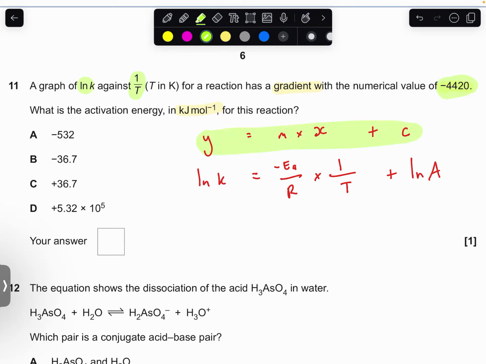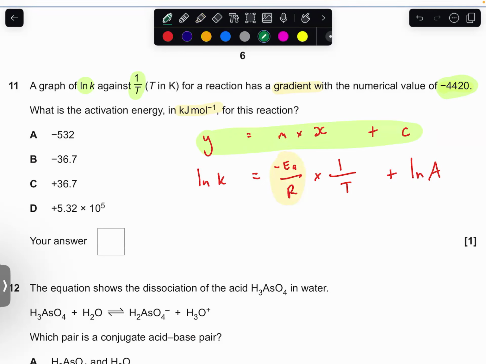And you've got the natural log taken of the Arrhenius equation in the y equals mx plus c format, like so. So the gradient is actually minus EA over R, EA being the activation energy, which it wants you to work out.